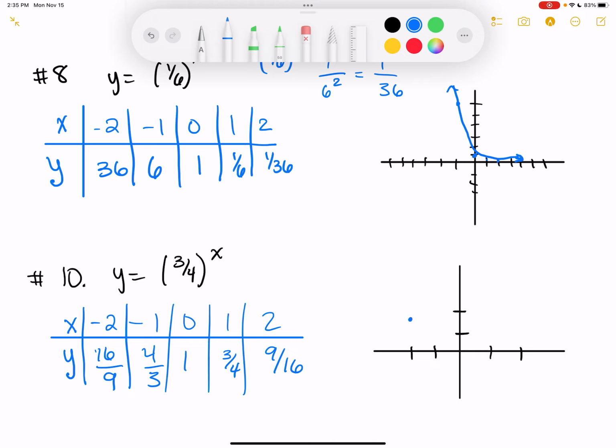At -1, I'm a little bigger than 1. At 0, I'm at 1. At 1, I'm at 3/4. At 2, I'm at 9/16. So this just slopes down and around.